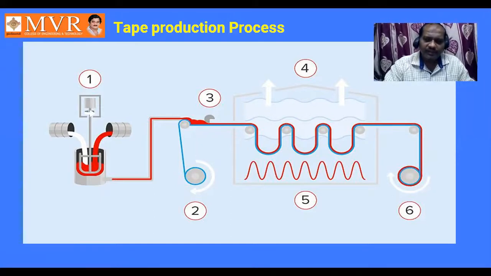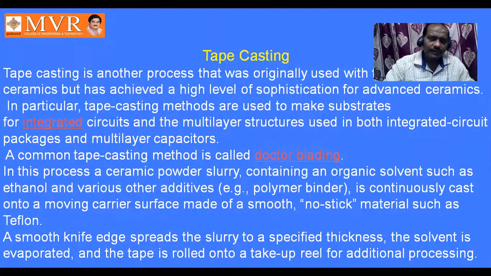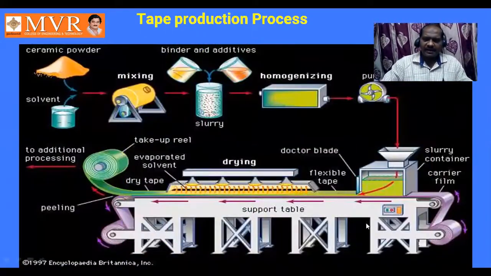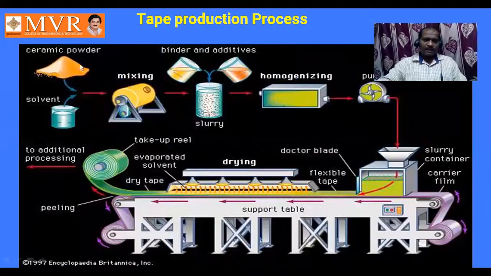Let us look at the process with a manufacturing diagram so that we can easily understand it. This is the line diagram. If you observe, here we have ceramic powder and a solvent.